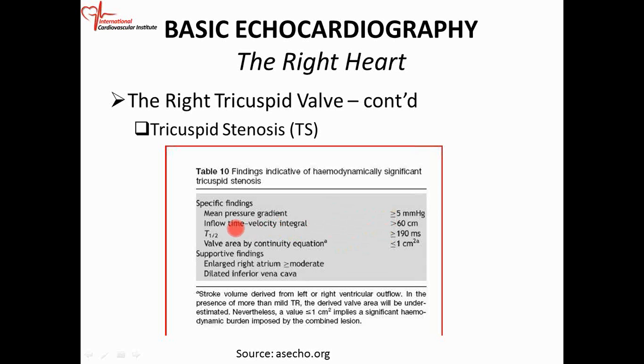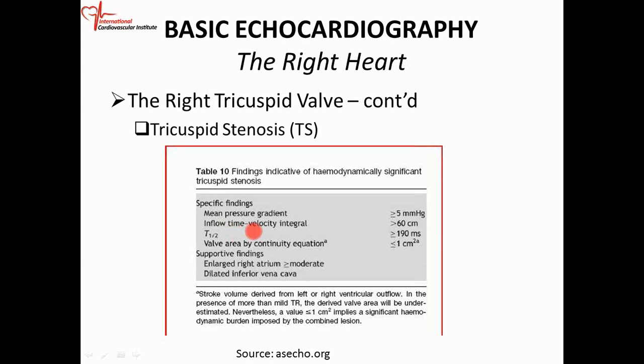Okay, if you look at the pressure half time, it's going to be greater than or equal to 190 milliseconds. And then if you do the valve area by the continuity equation, it will be less than or equal to 1 centimeter squared. Okay, so you can use your inflow time integral.